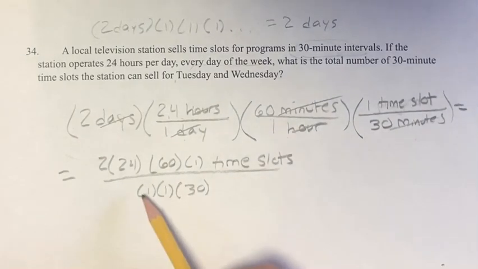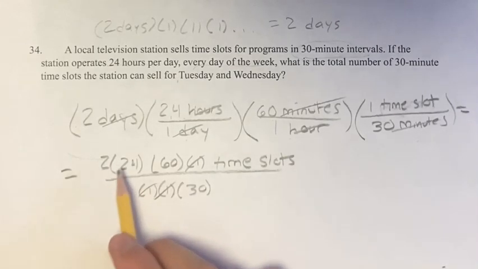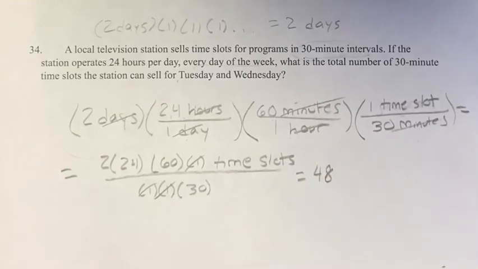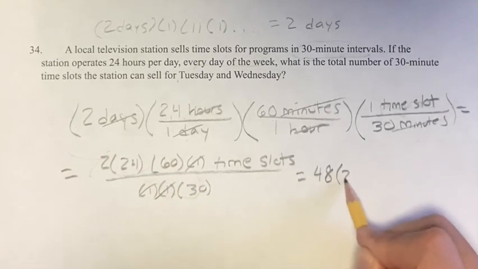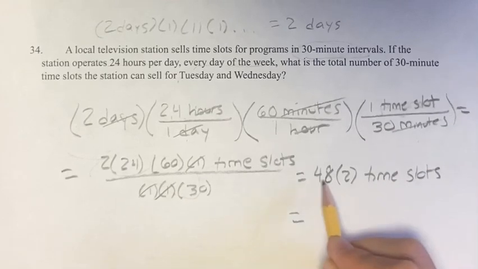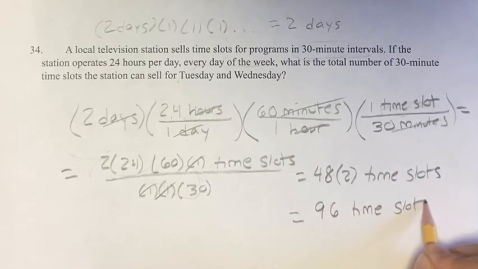Okay, first thing we can do, cancel out all the 1s, multiplying by 1 doesn't do anything, and we are left with 2 times 24 is 48. 60 divided by 30 is 2, so we have 48 times 2 time slots, and this is equal to 96 time slots in total.